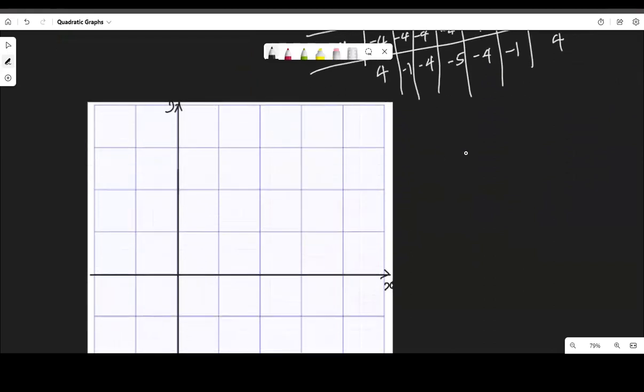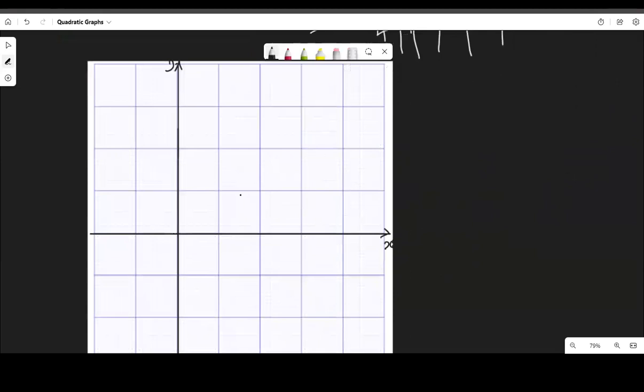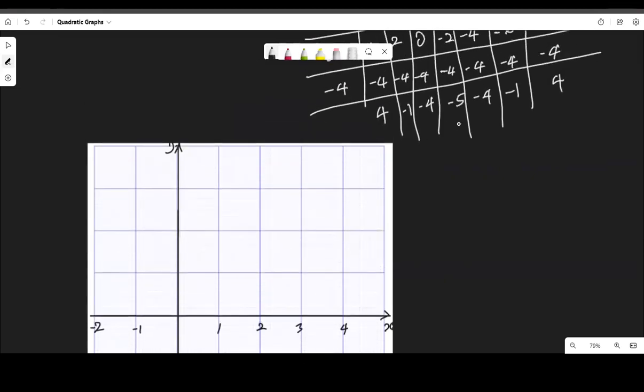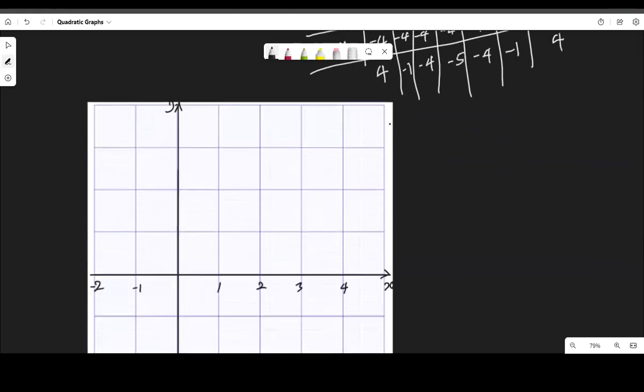The highest value of x there is positive 4, while the lowest is negative 2. That is why I leave more space to the positive side. So here will be 1, here will be 2, here will be 3, here will be 4, which is the highest value of x, then negative 1 and negative 2. On the y-axis, let's look at the values. The lowest value is negative 5.